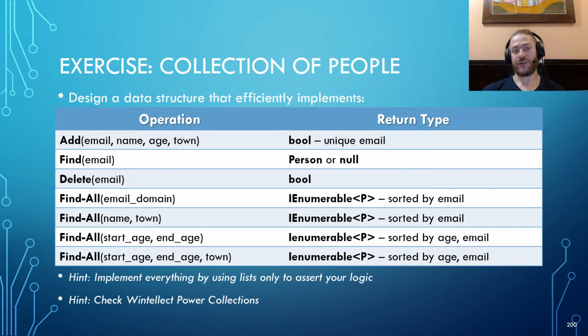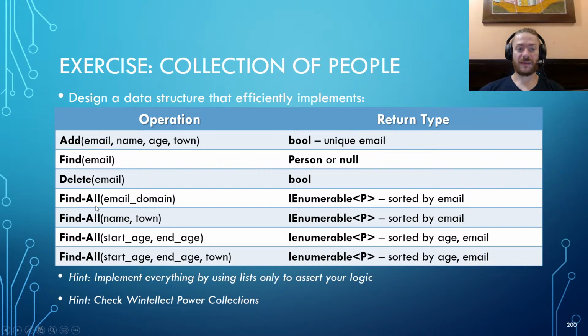You have an exercise in this workshop to try to implement a data structure which efficiently implements the following. We need to have an add operation, find, delete. The add adds a person by email, name, age and town. Find, you can find a person by email or delete a person by email, so emails are unique.